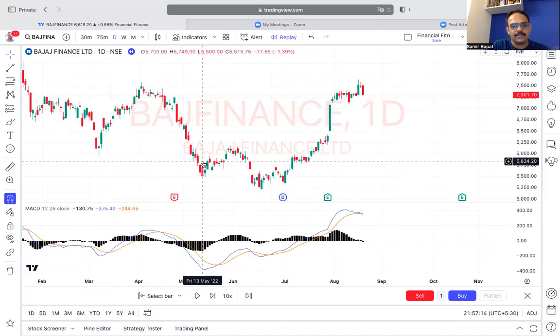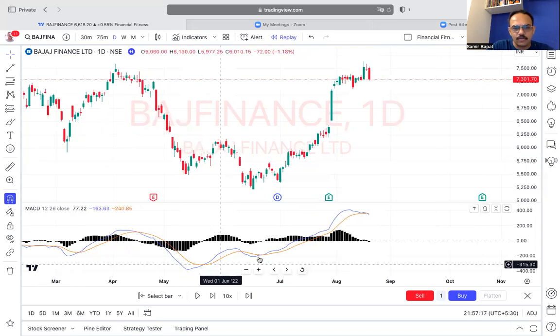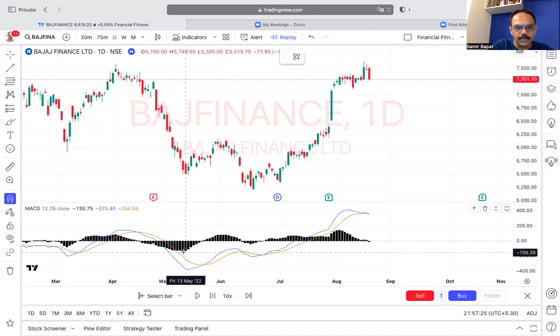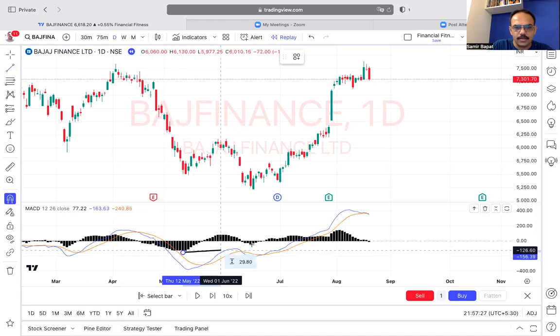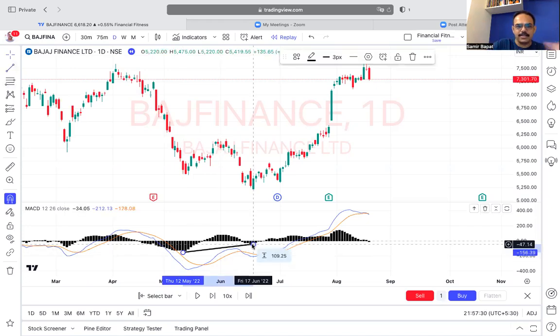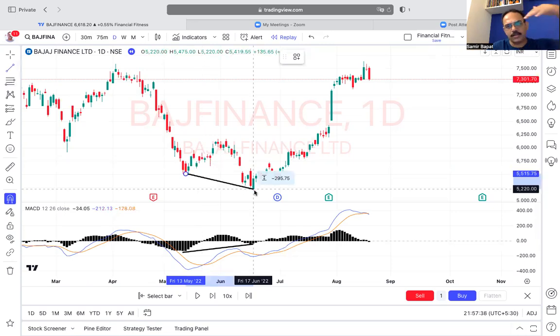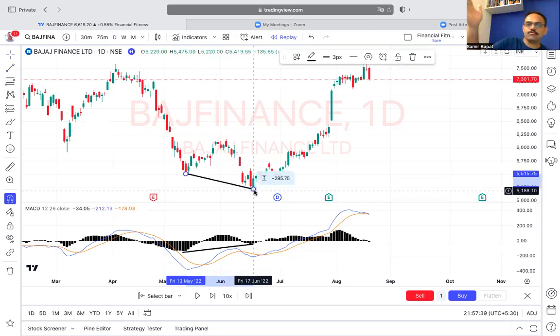What is the divergence? Divergence is we saw this is a crossover, crossover में histogram देखा, negative side में उसको join किया, we join it here to here, so the histogram is showing strength, upwards movement, price is showing downward movement. So the price is showing that it is going down, histogram is showing the strength, there is a conflict.